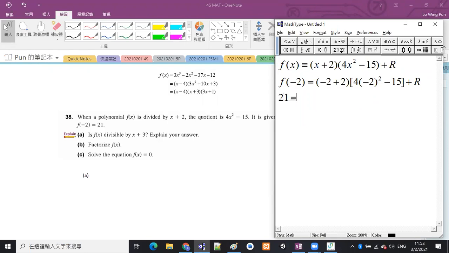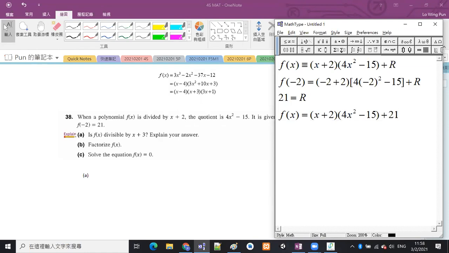Okay, and right hand side, -2 plus 2 is 0. So this thing becomes 0. So what is remaining is just r, which means that r is equal to 21. And f(x) is equal to (x plus 2) times (4x squared minus 15) plus 21.